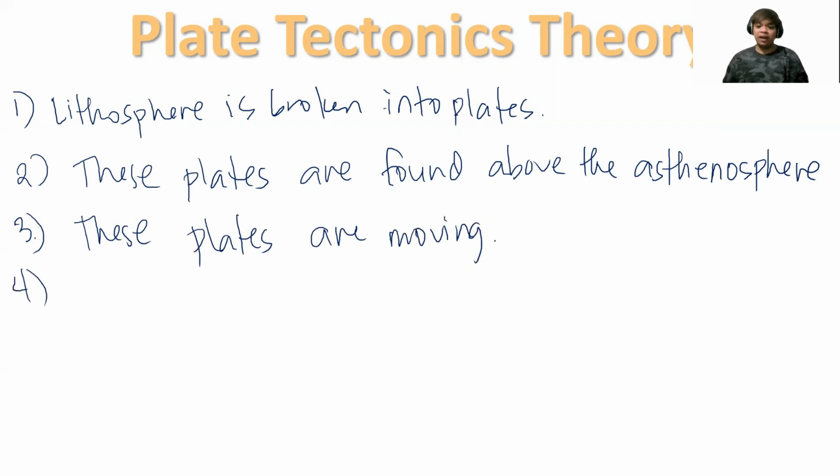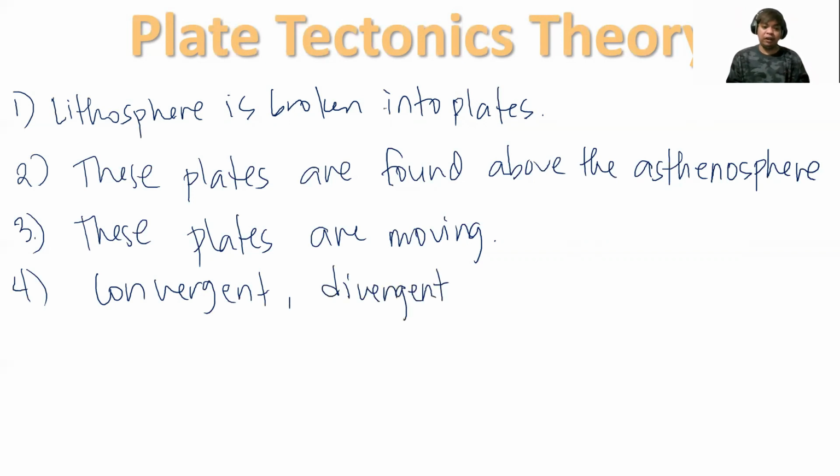Number four, these plates may cause different boundaries. No? We have the convergent boundary, where two plates are moving toward each other. Divergent boundary, where two plates are moving away from each other. And the transform boundary, where two plates are sliding past each other.